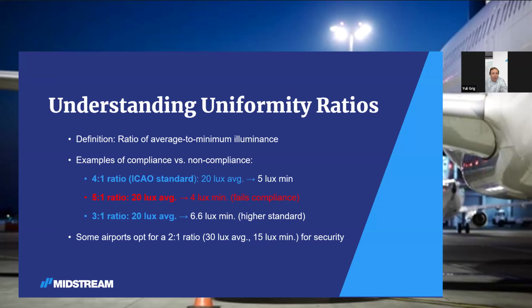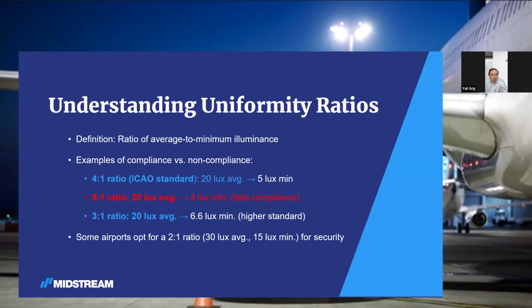So here's an example to get that in the mind. A 4:1 ratio, which as Tash said, 0.25 is the decimal version of that, is basically having a 20 lux average, which is mandated by ICAO, and you should have a 5 lux minimum, and that'll give you a 4:1 ratio.